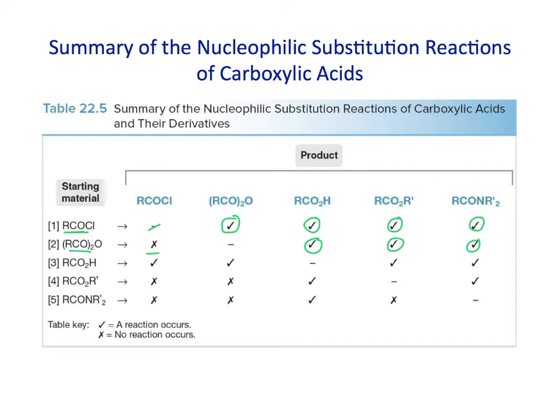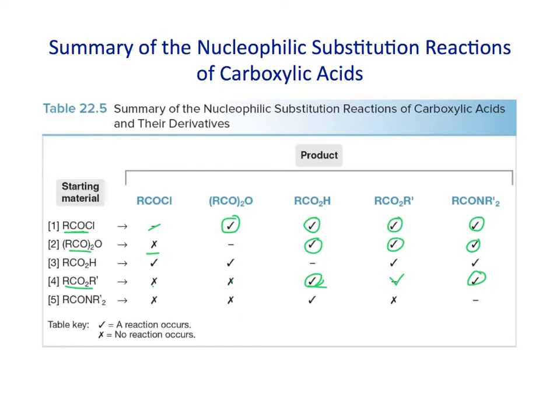If we go down to the ester, then again, we can't make an acid chloride or an anhydride, but we could make a carboxylic acid. We can make another ester, because we added in the transesterification, and we can make an amide, because those are either going equal in energy or downhill in energy.